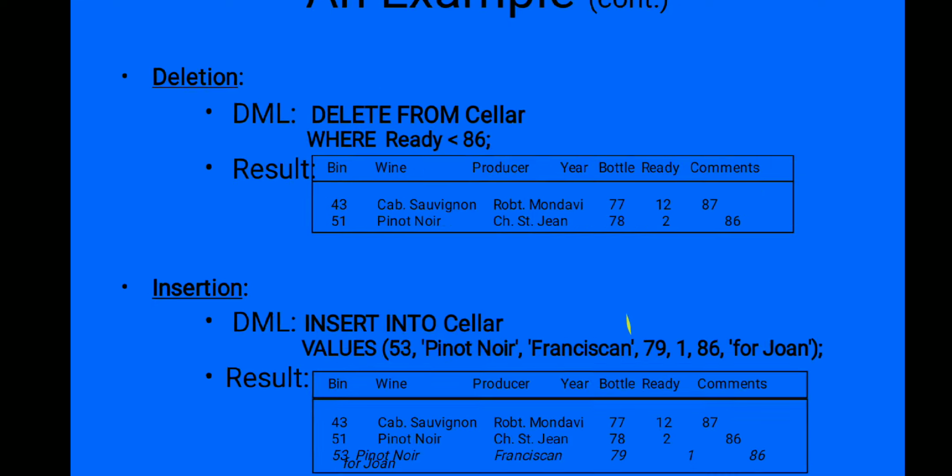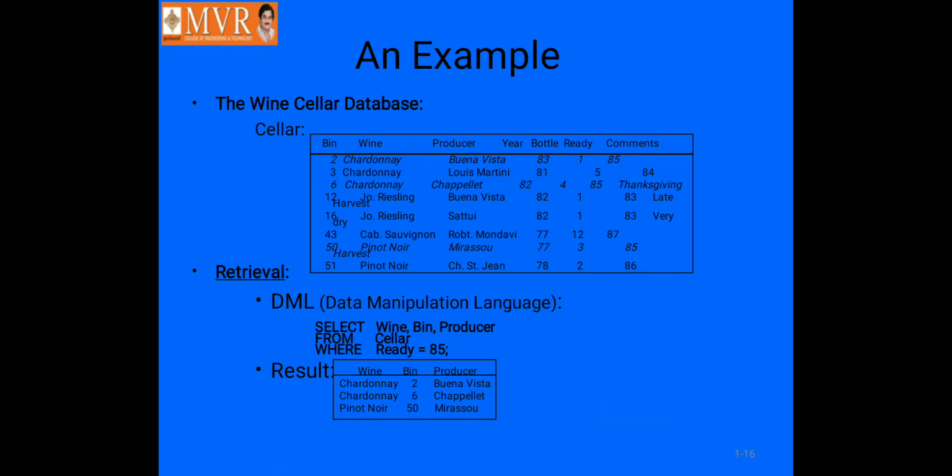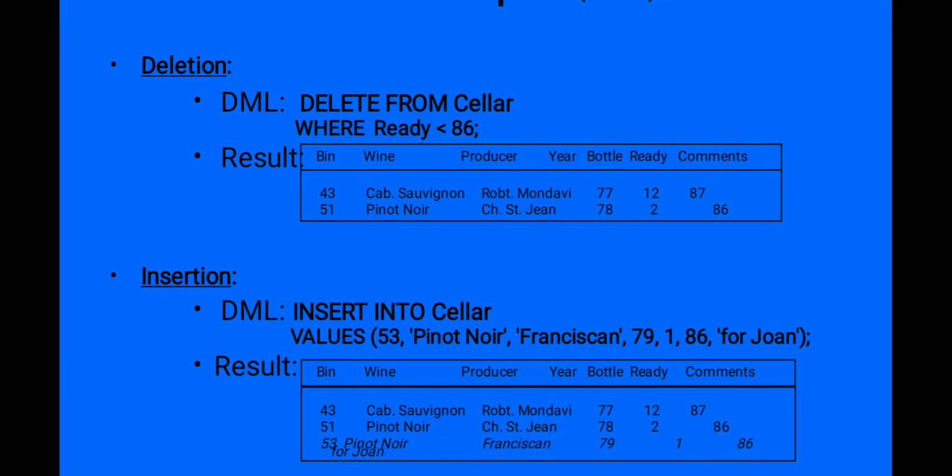And next, insertion. Insert into cellar. Cellar is the table name, values 53. 53 is the bin value, and Pinot Noir is the wine, and a French producer.